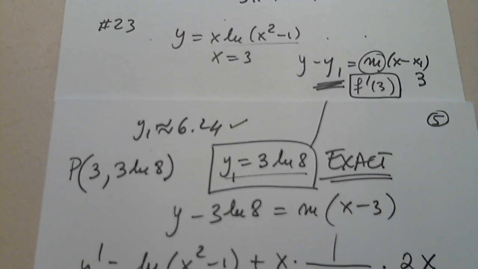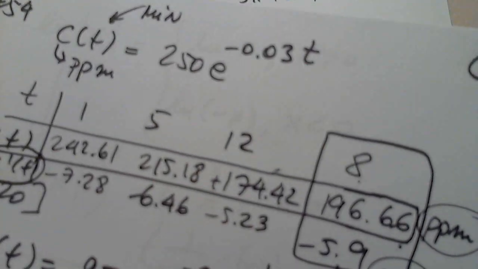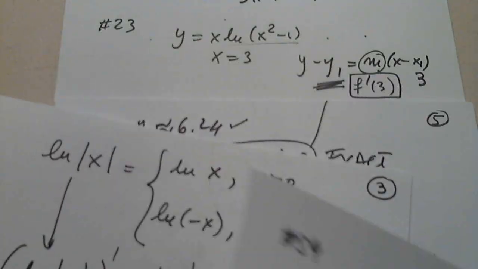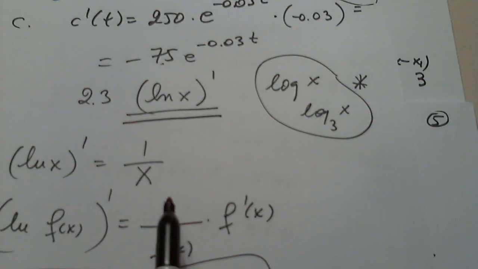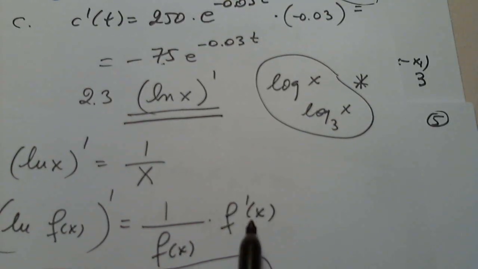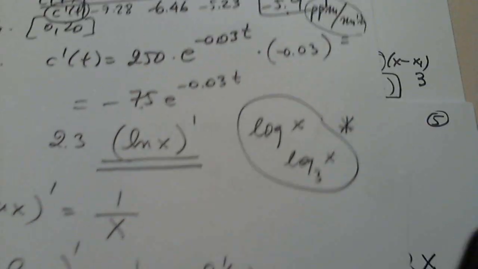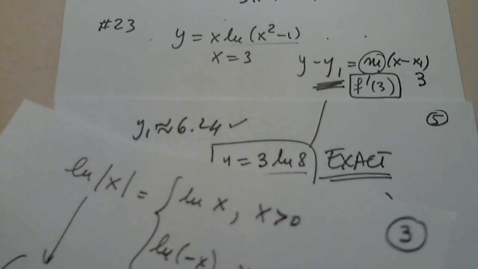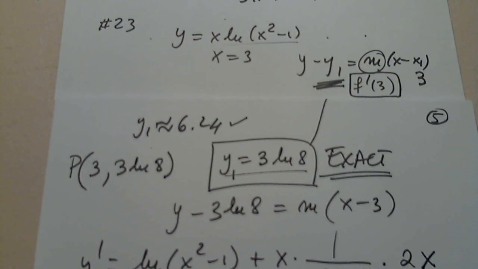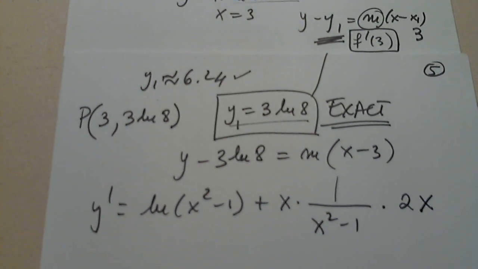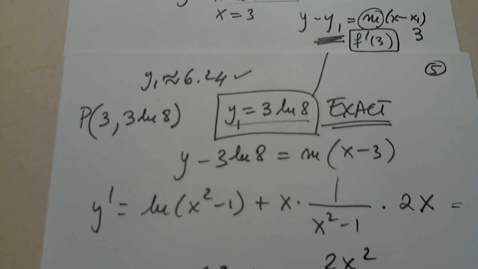Okay, let's go back. The derivative of natural log of x squared minus 1 is 1 over x squared minus 1 times the inner function prime. Good. Is this clear?